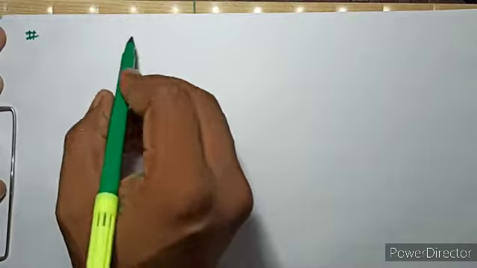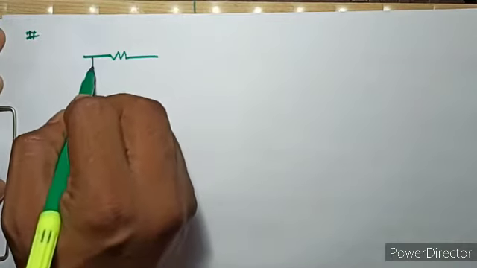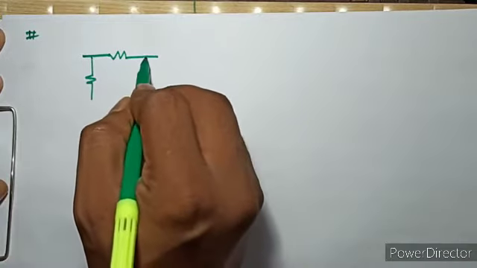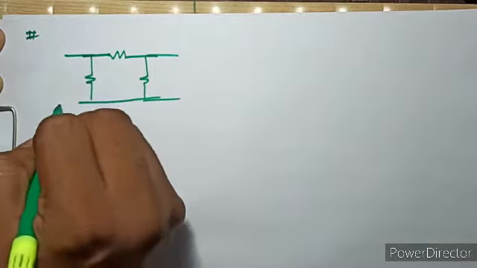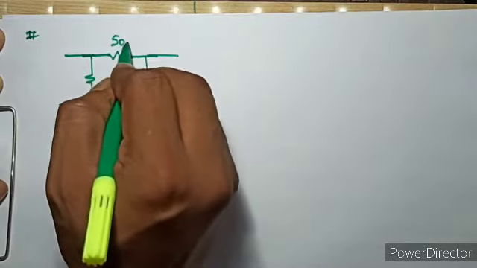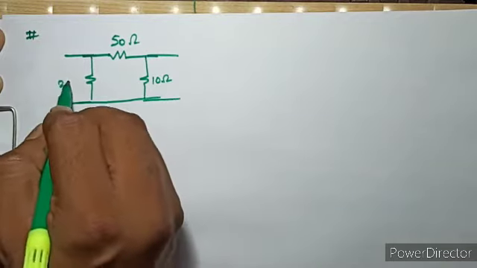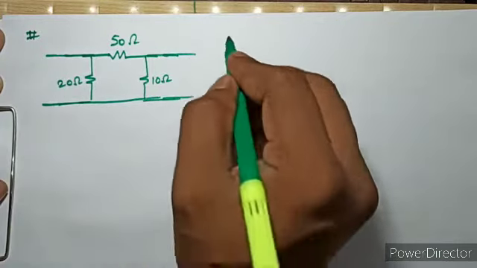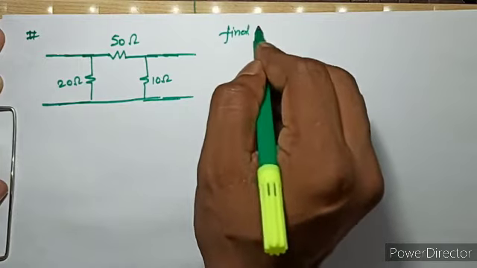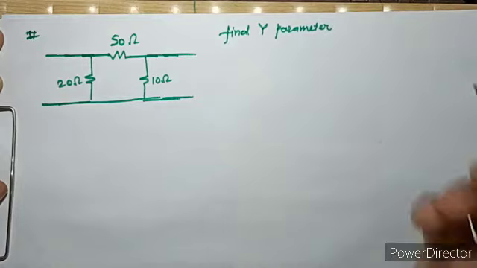The question is: consider this network, with 50 ohm, 10 ohm, and 20 ohm. Find the Y parameters, right?